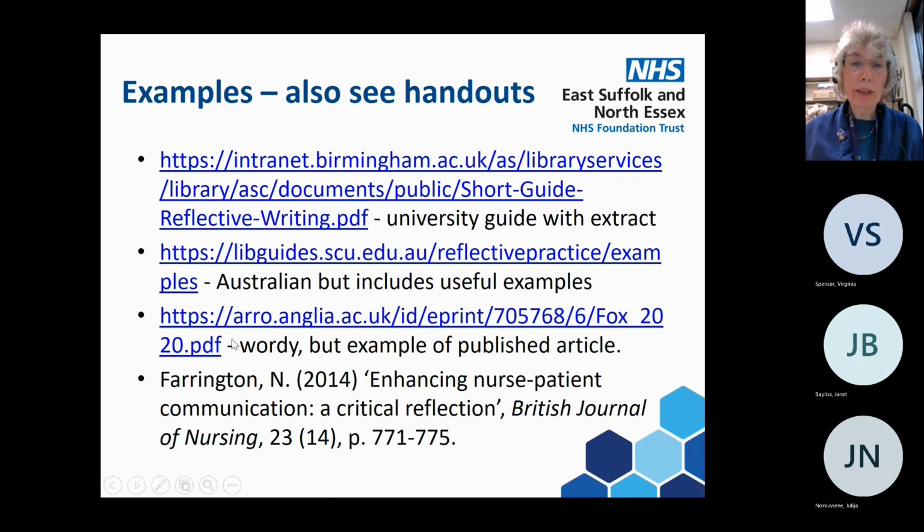And this one, the third one, is actually an example of an article that was published, but this is actually a draft of it. So you can see where the person's gone through and crossed bits out and made changes. And then finally there, that one is the British Journal of Nursing. That is quite a high level article on that.